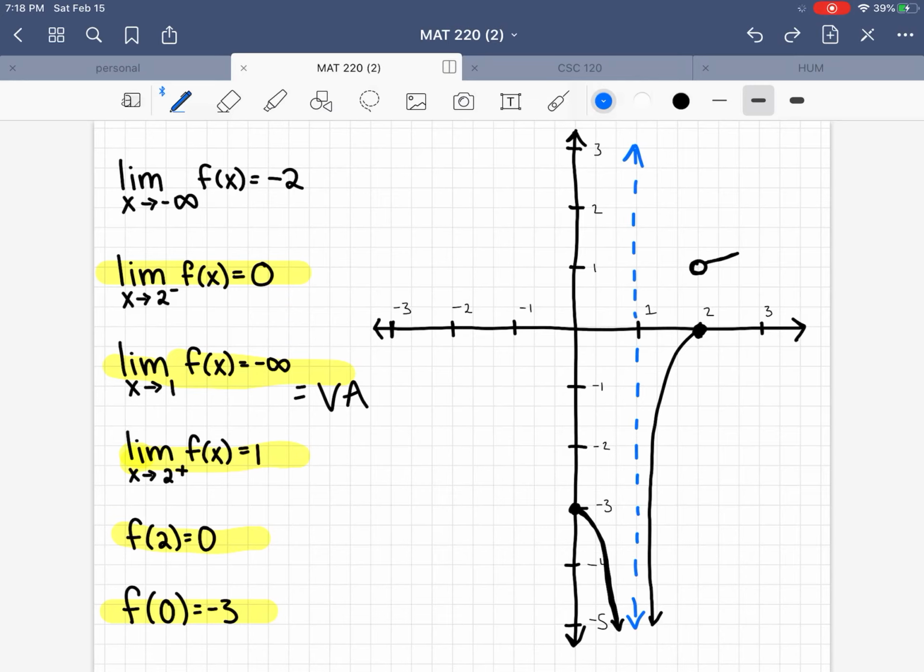Whenever you have the limit as x is going towards negative infinity or infinity, that's saying we're looking at our end behavior, that the end part of your graph is getting towards a value, which is the same as a horizontal asymptote.